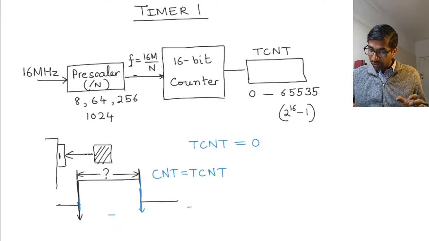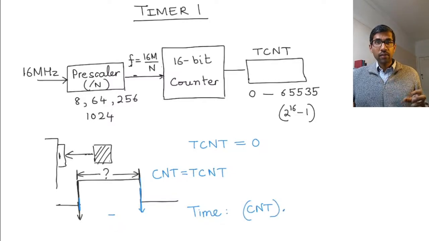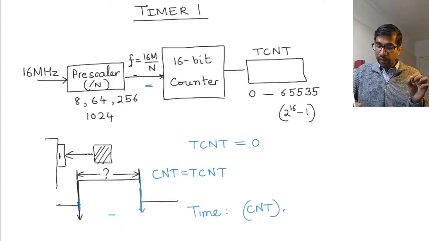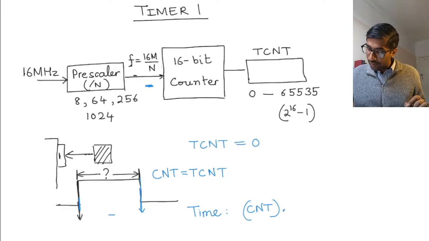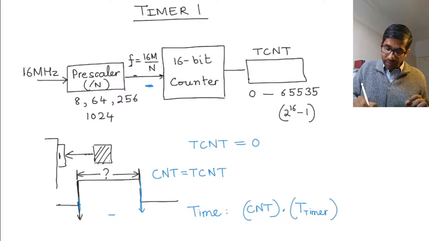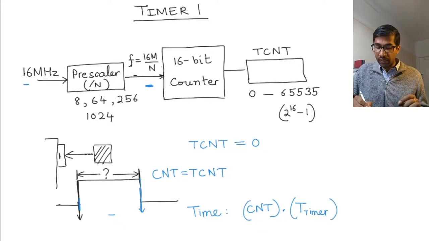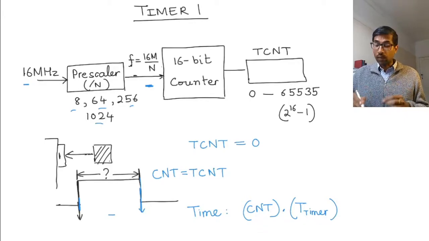Time is going to be count times the time period of the clock that is going as an input to my timer, let's call it T timer. Which could be the same as 16 megahertz, or it could be 16 divided by any one of these numbers. And that's how I have found out this particular time.